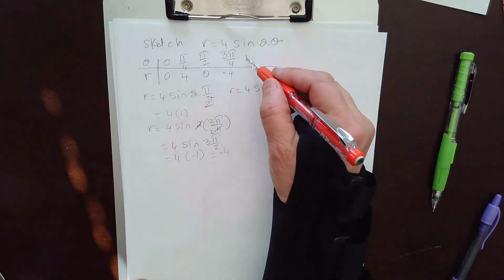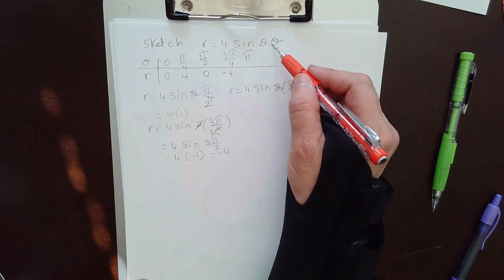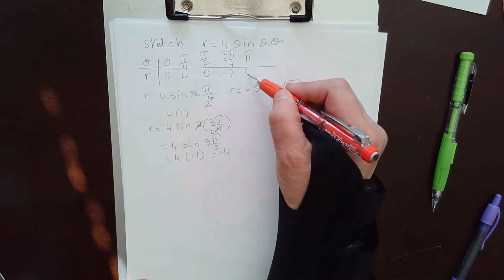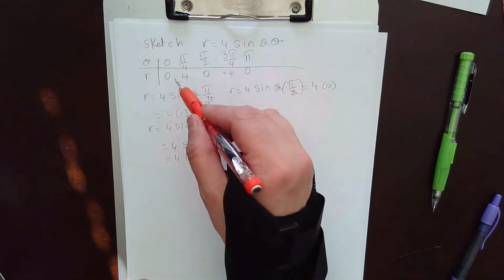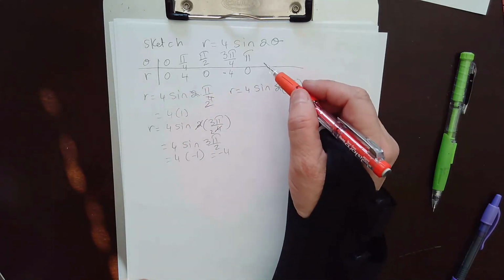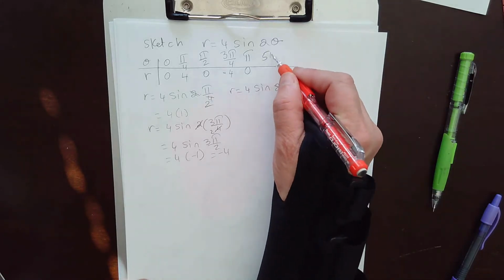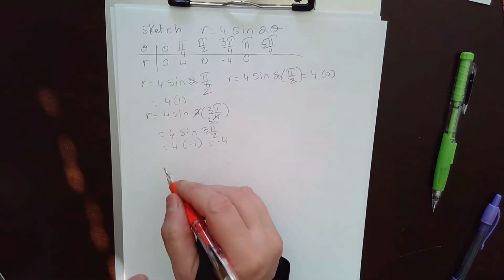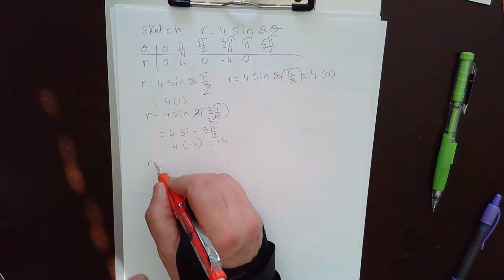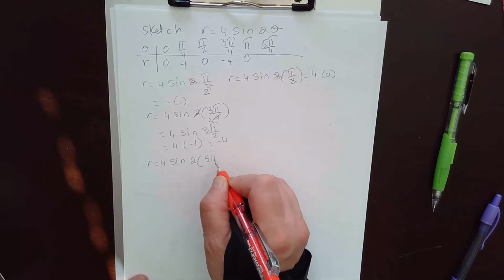When theta is pi, take a look, it becomes sine 2 pi. Sine 2 pi is 0. 0 times 4 is 0. You notice every other angle here is 0. Let's see 5 pi over 4. That is r equal 4 sine 2 times 5 pi over 4.